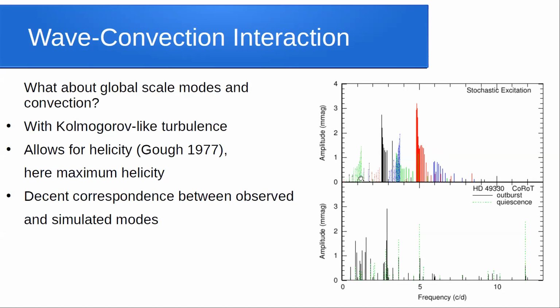The dotted lines are when it's quiescent, so you get a shift in the overall frequency spectrum between when it's in an outburst, so when you're getting a lot of outflow off of the atmosphere into the circumstellar disk. You have this sort of high amplitude frequency spectrum, and it goes into a more quiescent state where you have less overall mode excitation.